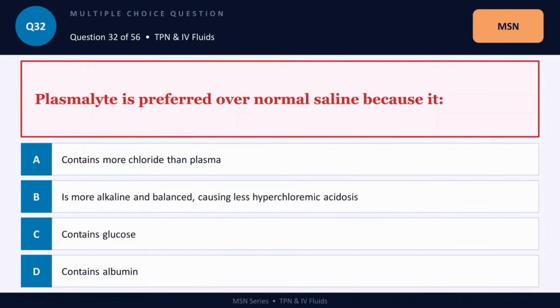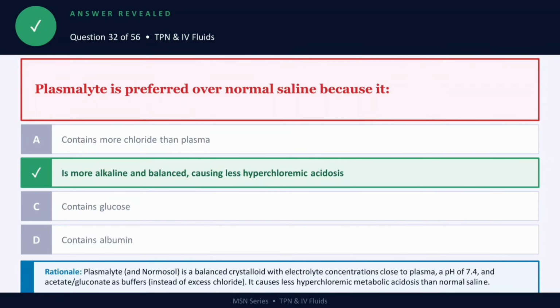The correct answer is option B, is more alkaline and balanced, causing less hyperchloremic acidosis. Rationale: Plasma-Lyte is a balanced crystalloid with electrolyte concentration close to plasma, a pH of 7.4, and acetate and gluconate as buffers. It causes less hyperchloremic metabolic acidosis than normal saline.